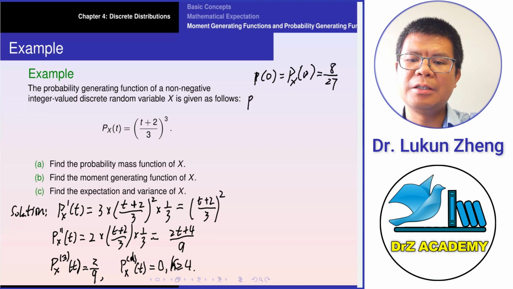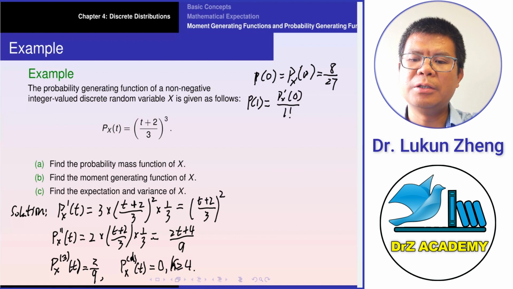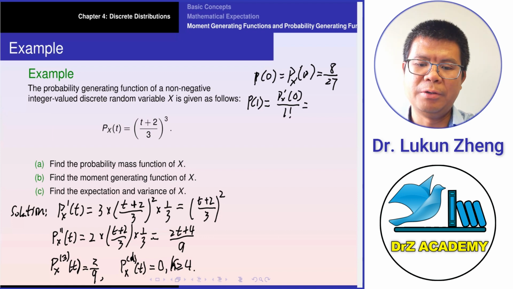So P of 1 is going to be P_X prime at 0 over 1 factorial. It's just P prime, when t equals 0, that's 4 over 9.